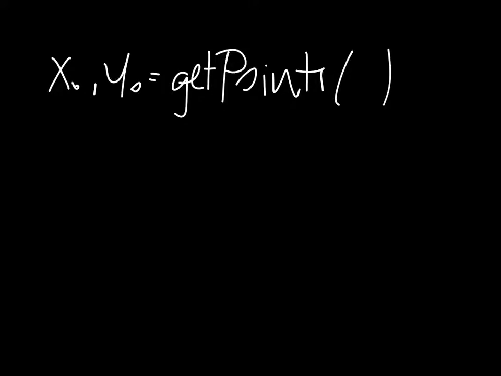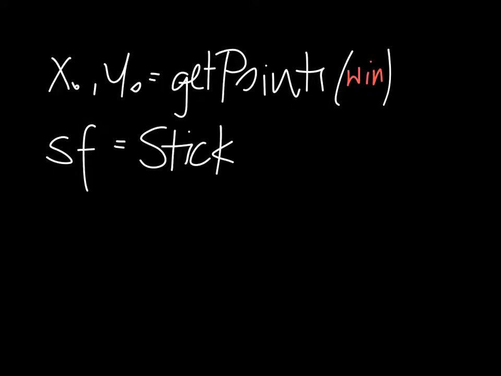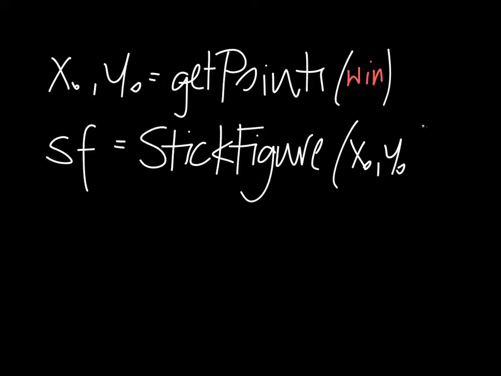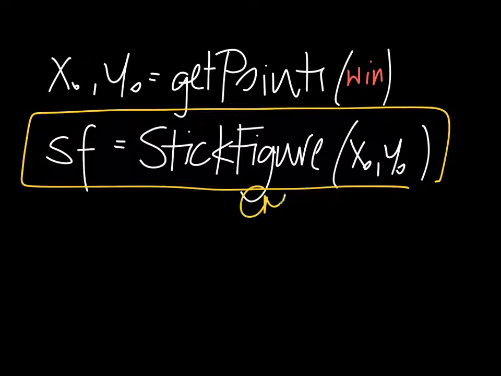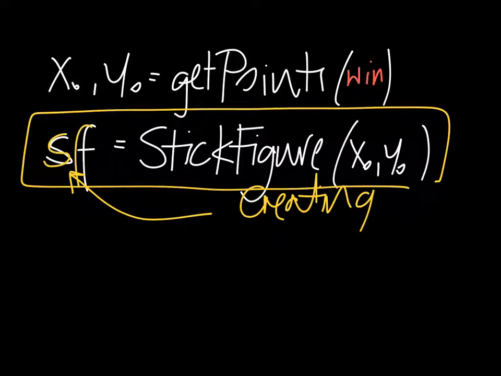I can pass in a window of some kind, get the points, then create a stick figure. I'm going to call it SF, not for science fiction, and just like the circle code, I'm going to say stick figure, I'm going to create you using those points. Now I'm not drawing it in this line here. I'm simply creating the object, and that is going to be my object.